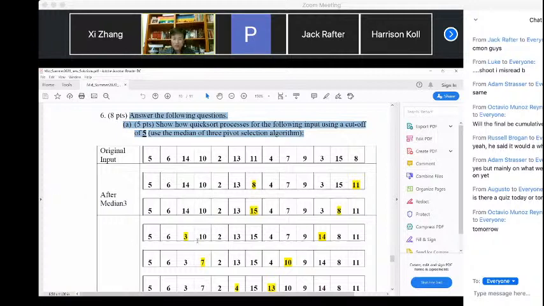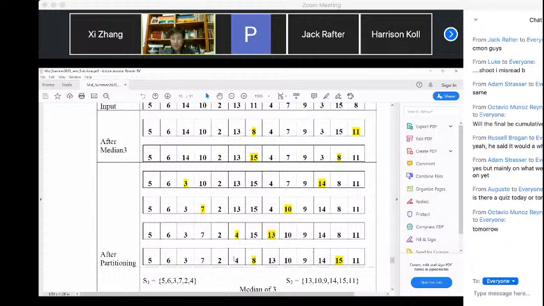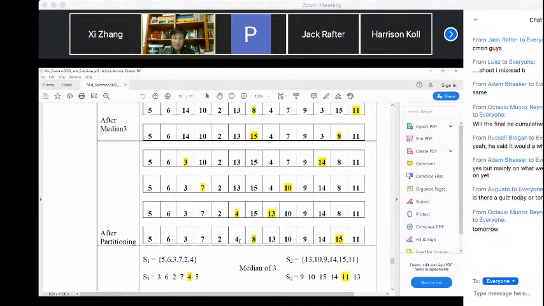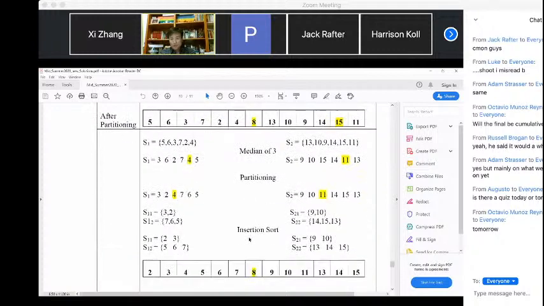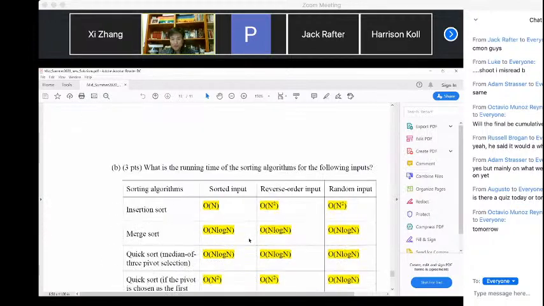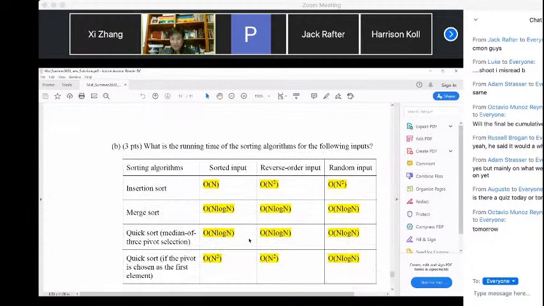For some minor errors, I deducted only a small point. Anyway, I will discuss the solution during the office hour because more than half of the class know how to do it. And that's the running time for the sorting algorithm with different input.